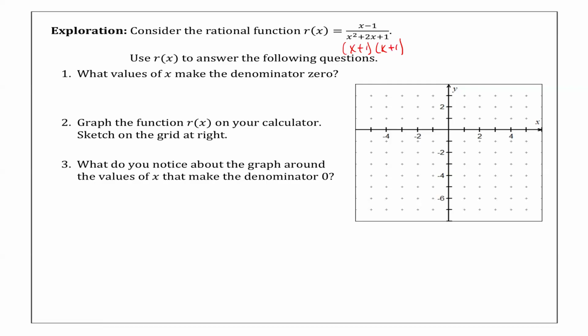All right. So what values make my denominator equal to 0? What is my vertical asymptote? X equals -1. Okay? That means that I have a vertical asymptote. We're going to go ahead and sketch that in. Here's my VA at x equals -1.